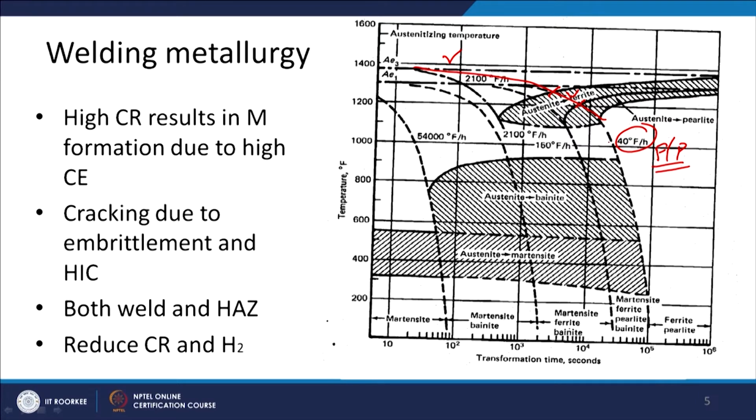When we use further higher cooling rates, say 150 degree Fahrenheit per hour, primarily we get the transformation of the ferrite and then the bainite. So, both the ferrite and the bainite phases are formed.